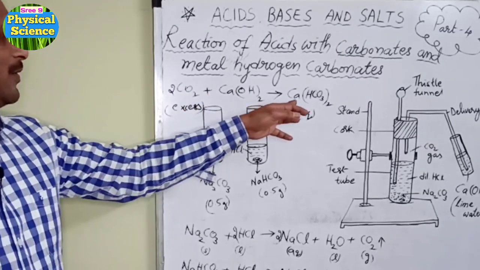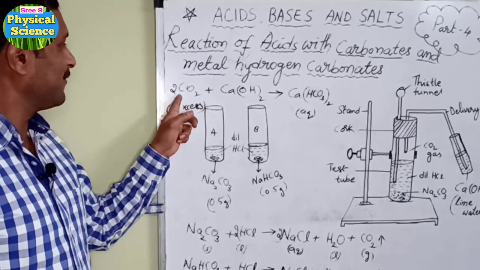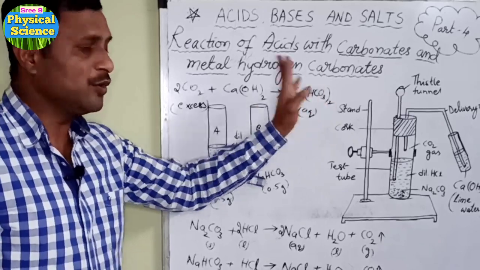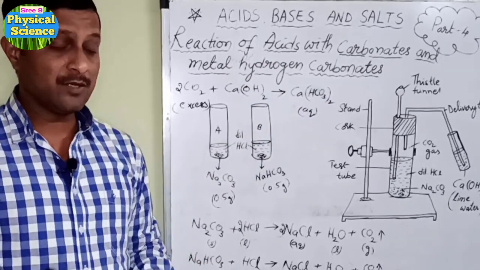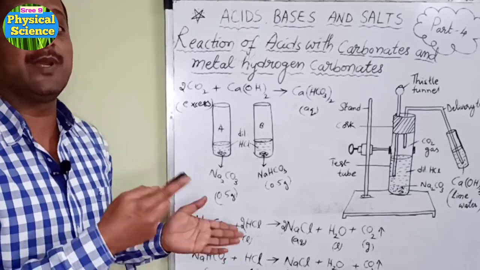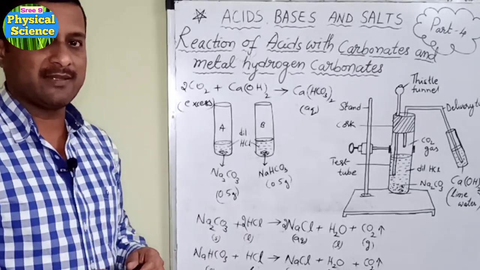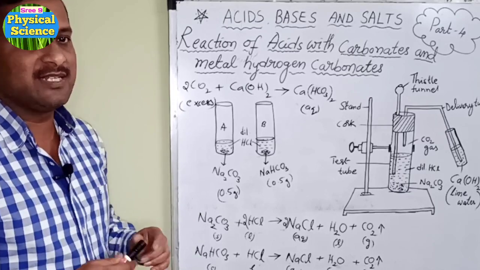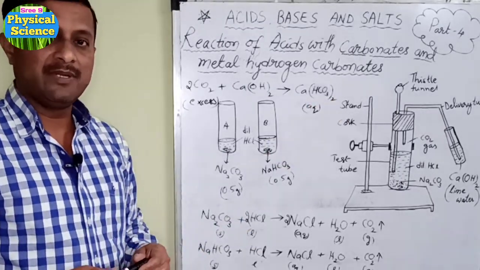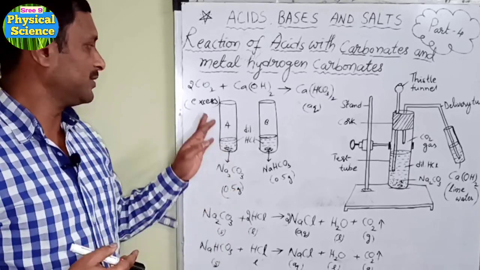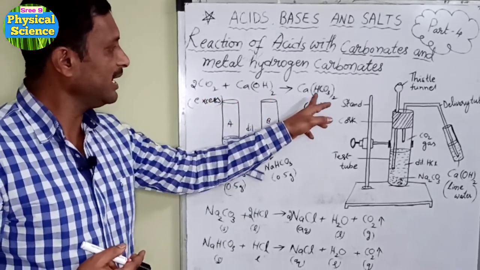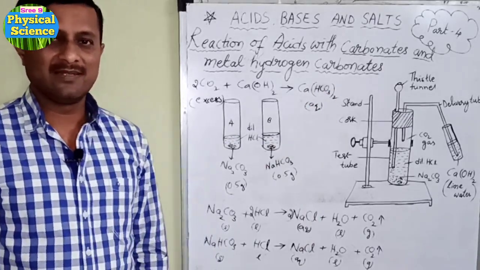So when we pass excess of carbon dioxide into lime water, what forms? Calcium hydrogen carbonate. The question may be asked like this: what happens if excess of carbon dioxide is passed into lime water? We have to write like this: if excess of carbon dioxide is passed into lime water, calcium hydrogen carbonate is formed, and the chemical equation is as follows: 2CO2 plus Ca(OH)2 gives rise to Ca(HCO3)2.